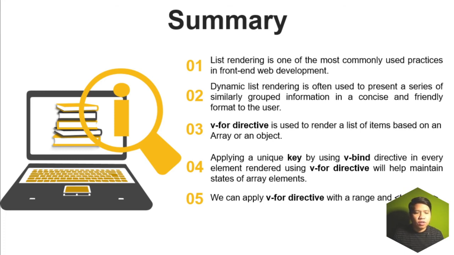The v-for directive is used to render a list of items based on an array or an object. Applying a unique key by using the v-bind directive in every element rendered using the v-for directive will help maintain states of array elements. We can apply the v-for directive with a range and template.